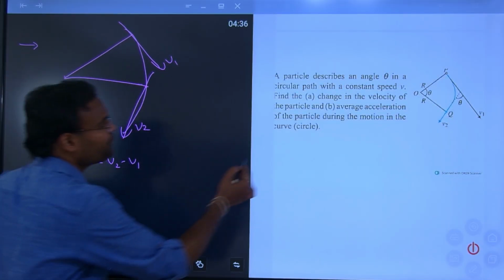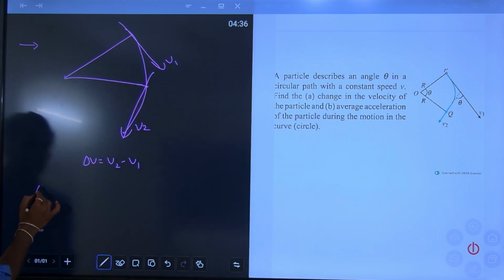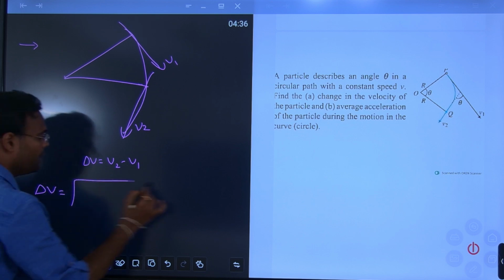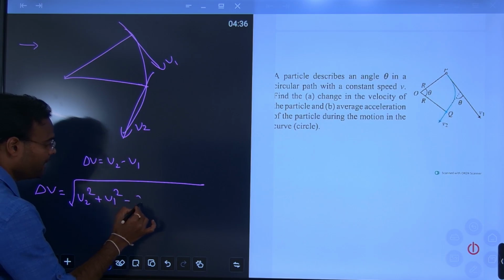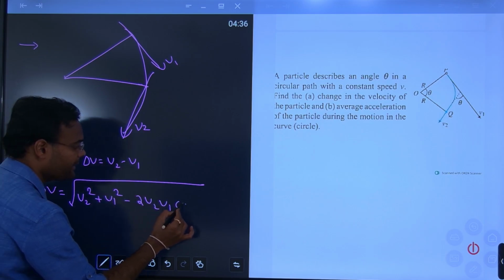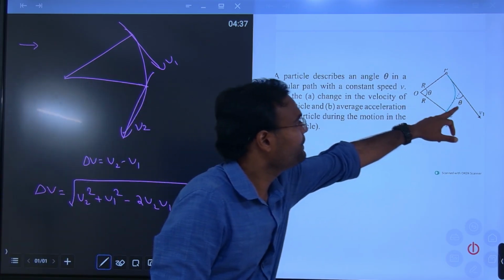Now they are asking us to find the change in velocity of the particle. The change in velocity is delta v equals the root of v2 square plus v1 square minus 2 v2 v1 cos theta, where theta is the angle between v1 and v2.